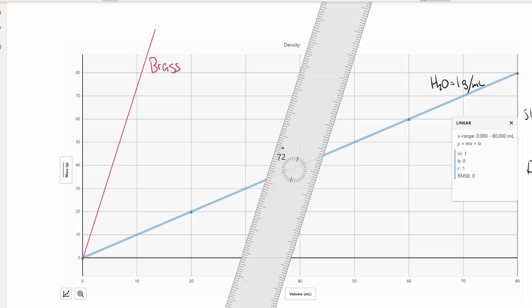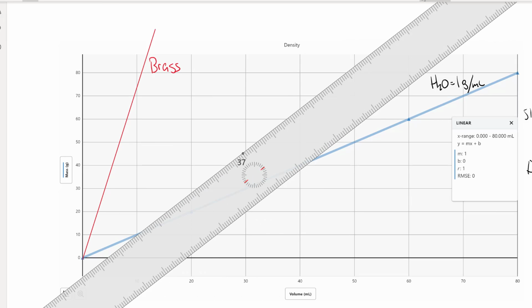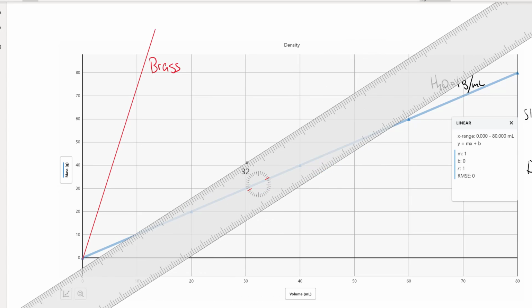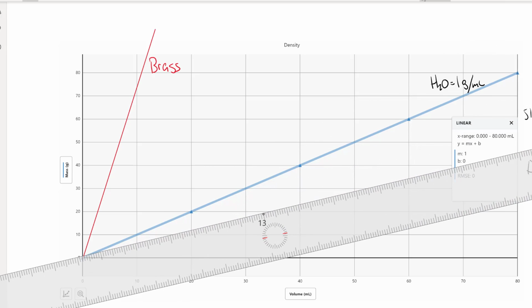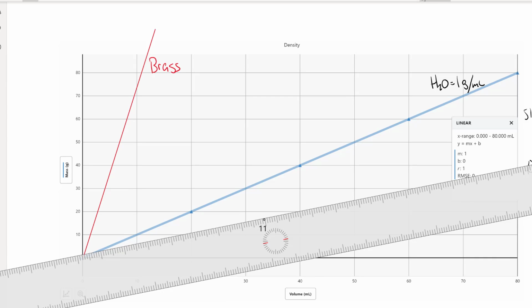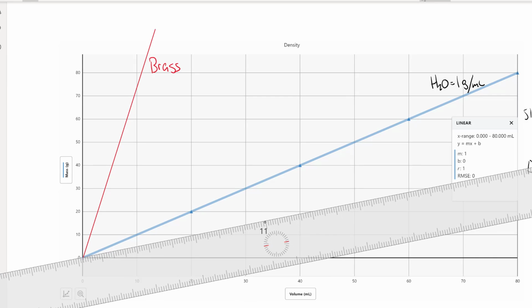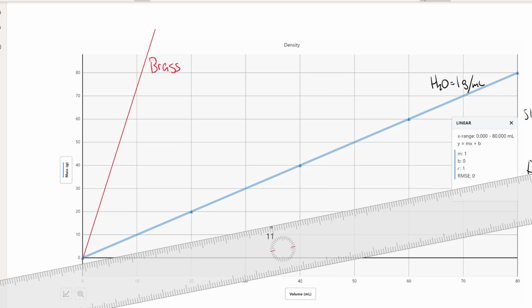And then, depending on what you did, if you did wood, or on the virtual one, the white block, which is of similar density in the in-person lab, we'll do that in green.